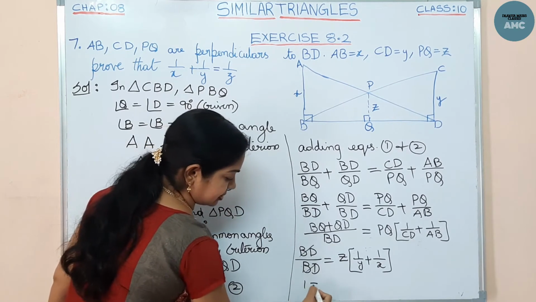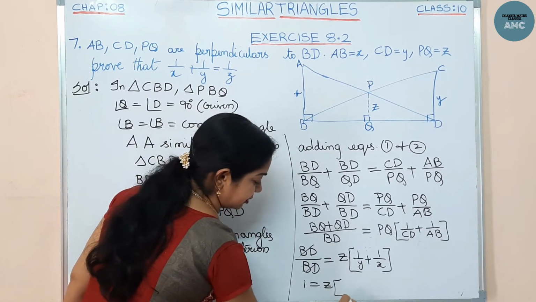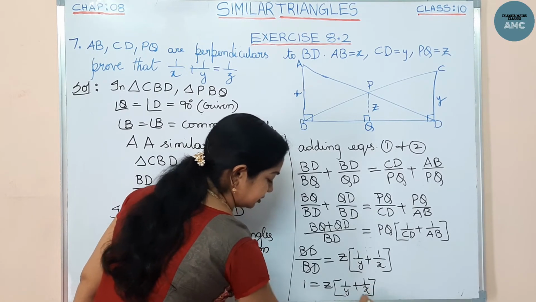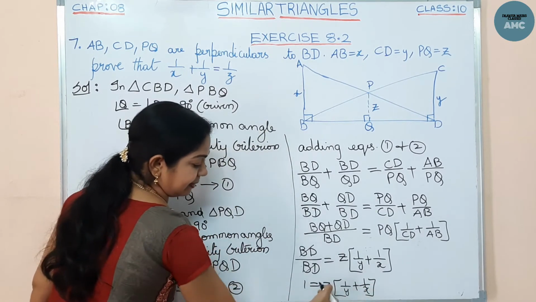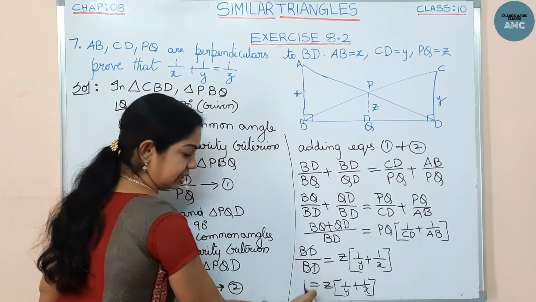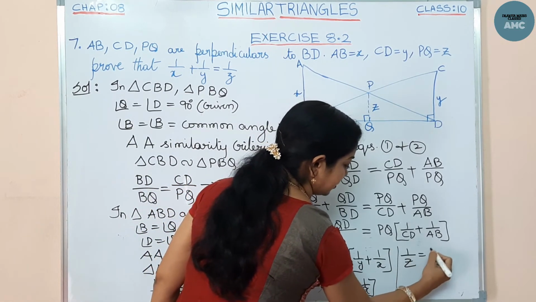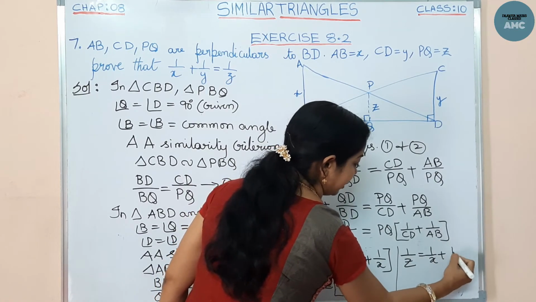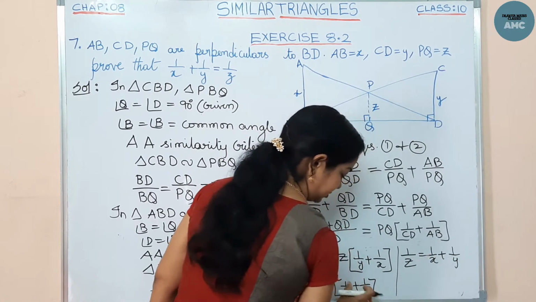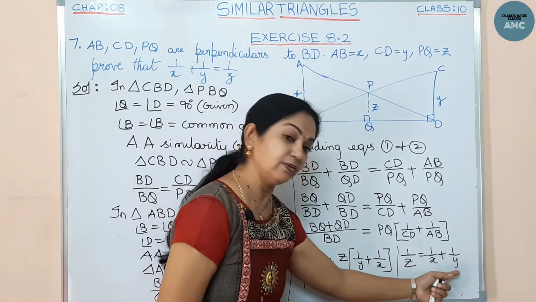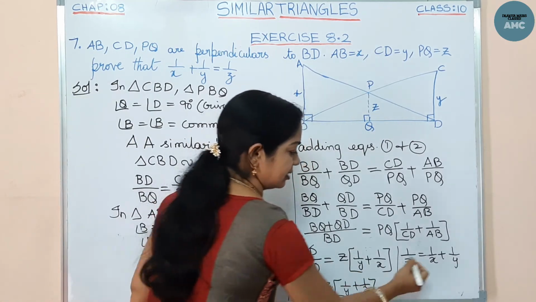So 1 is equal to Z into 1 by Y plus 1 by X here. Now Z is multiplied here, if it comes to the other side, it becomes divided. So that becomes 1 by Z is equal to 1 by X plus 1 by Y. We can reverse here because A plus B or B plus A is one and the same. So hence proved.